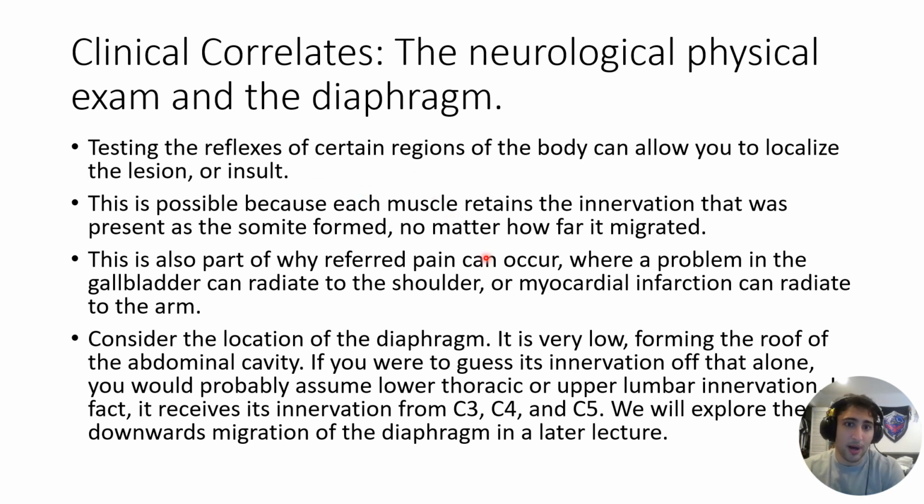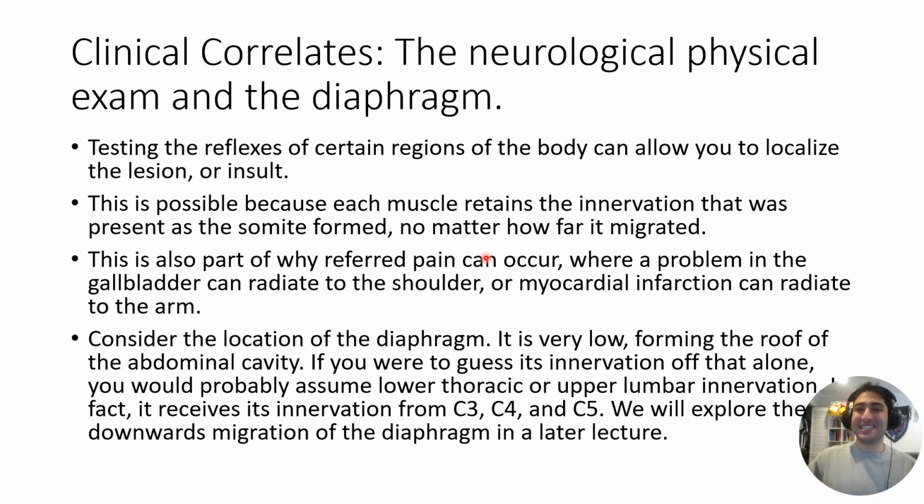This is also why referred pain exists, because if two organs migrate to different places, for example, the diaphragm, if it's irritated, the pain can be referred higher. Why? Because the diaphragm develops around those somites, the C3, C4, C5 somites, and it has to descend.